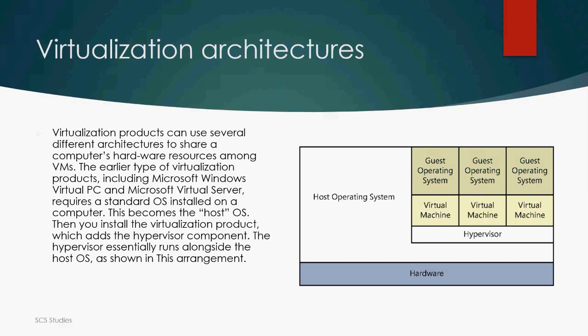Once we install the Hyper-V role, it will give us a new feature, the virtualization product, which is known as the hypervisor component. So this is basically the enabled hypervisor component. Once the hypervisor component is enabled, you can create multiple virtual machines based on the resources available on your host machine, host computer.